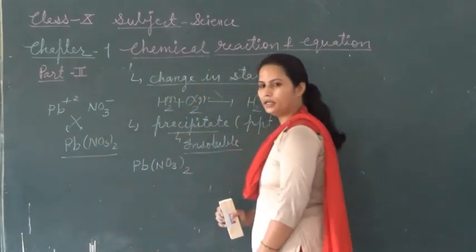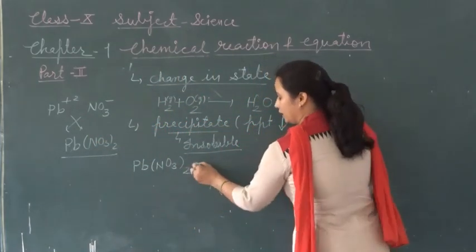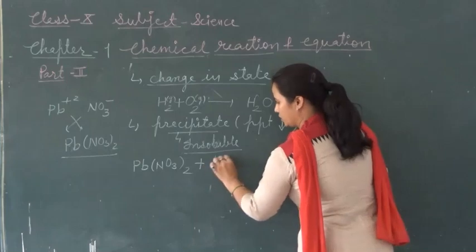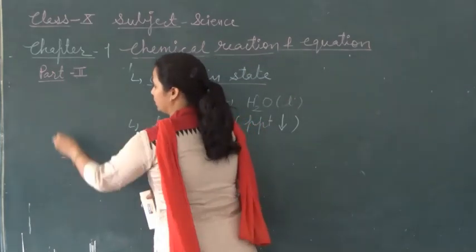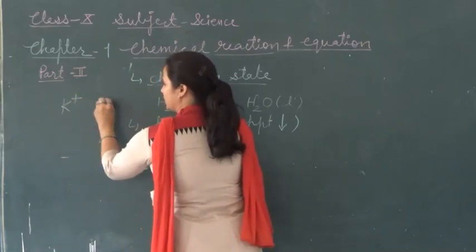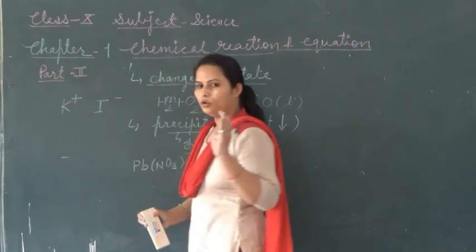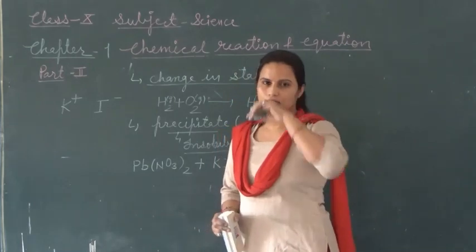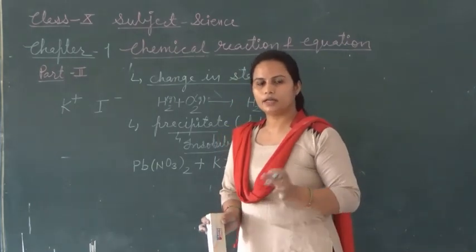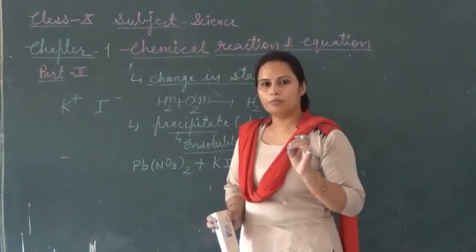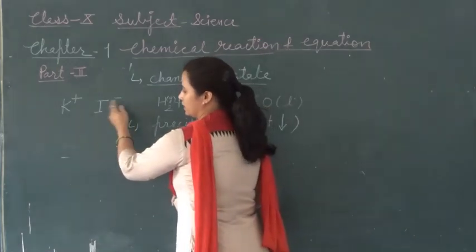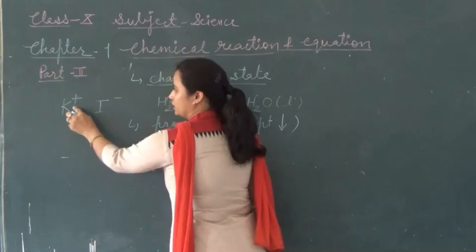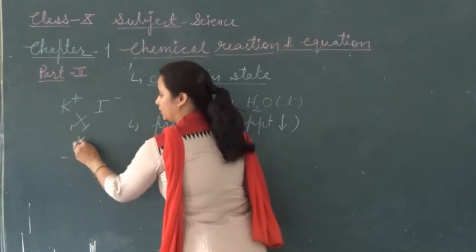It is lead nitrate. So when to lead nitrate we add potassium iodide. How is potassium iodide formed? Potassium K plus iodide. Fluorine, chlorine, bromine, iodine belong to group 17 and each element has minus 1 valency. That's why iodine is also carrying minus 1. When K plus and I minus react, they form KI.